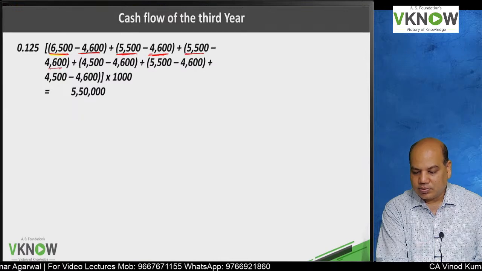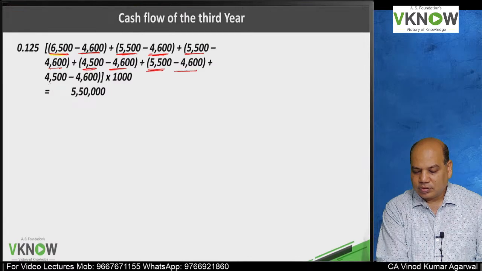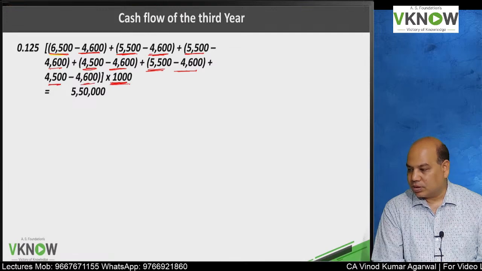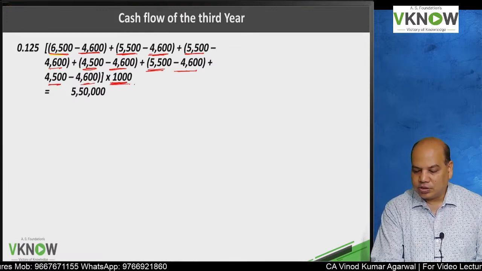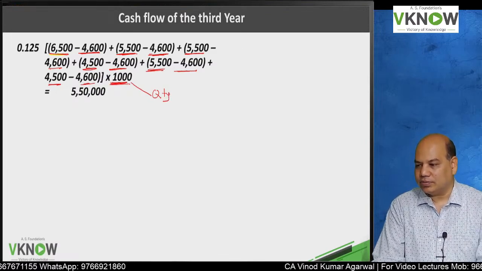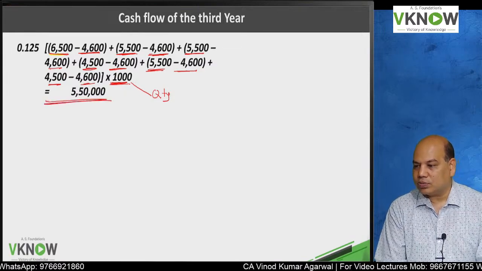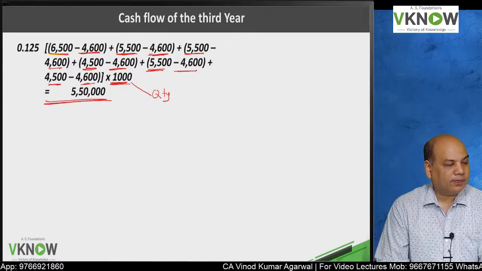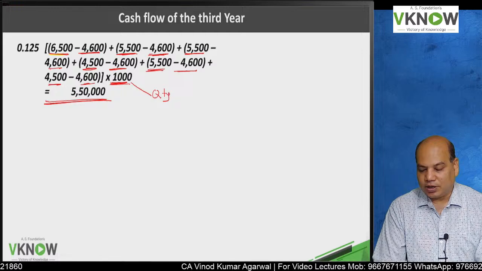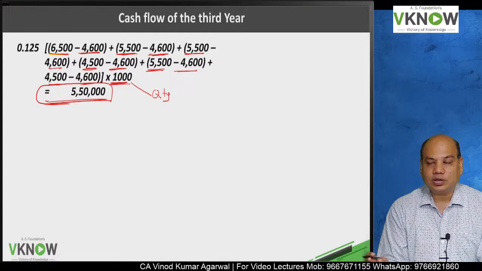Third number same, fourth number same, fifth number same, sixth number same, and multiply by the quantity. 1000 is the quantity. So the answer is, your cash flow of the third year will be 5,50,000. Nobody gave this answer, 5,50,000. This is the cash flow of the third year.